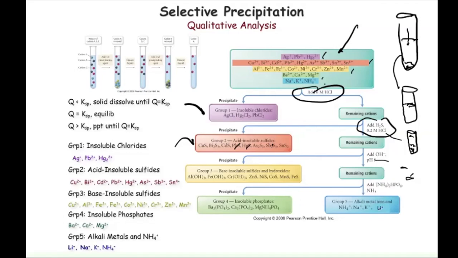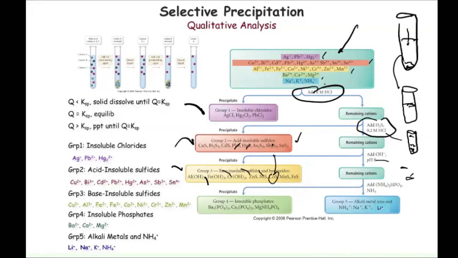And under basic conditions, the aluminum, the iron, the chromium, the zinc, the nickel, cobalt, manganese, and iron will precipitate out. So under acidic conditions, these sulfide salts will precipitate out.